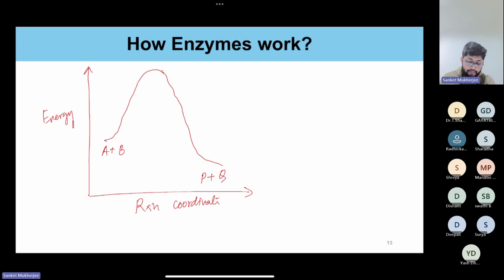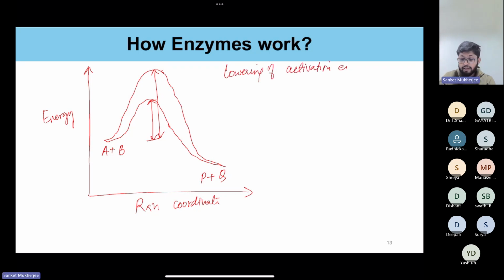In presence of enzyme, the activation energy will be lowered. That's the concept, right? So this is in presence of enzyme, this is in absence of enzyme. So lowering of activation energy is basically the function of an enzyme. What is activation energy? Activation energy is the energy barrier that needs to be crossed for the substrate to form product. So that's the idea.